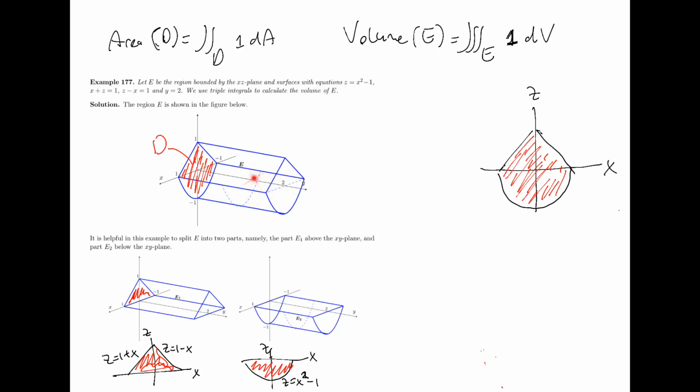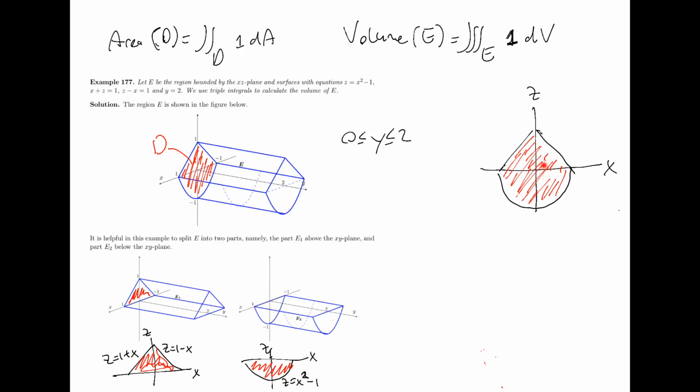It seems to make sense to make it type 3, because y is bounded between 0 and 2. So let's do that. Let's say y is between 0 and 2. Now we can see that the region D that we have to integrate over is this region over here, which in the XZ plane I've drawn over here as well.